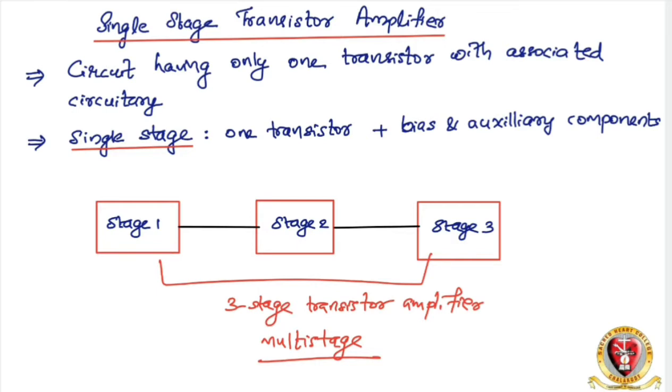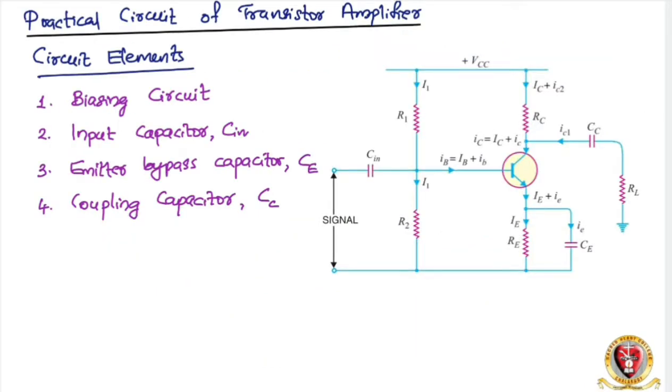next we are going to discuss the circuit elements of a practical transistor amplifier circuit. So this circuit is a single stage transistor amplifier circuit with its circuit elements. Mainly there are four circuit elements for a single stage practical transistor amplifier.